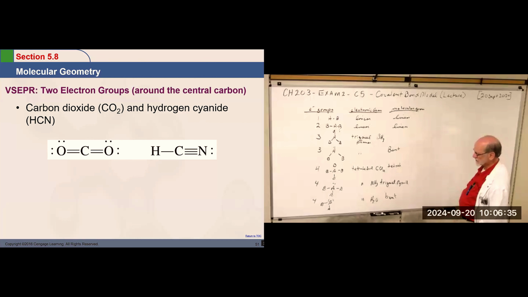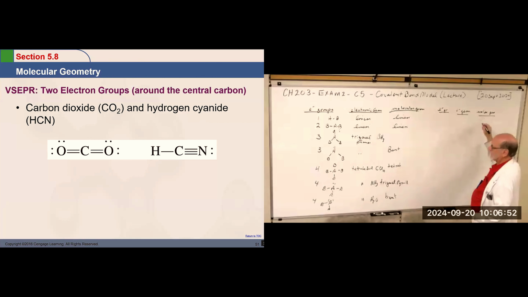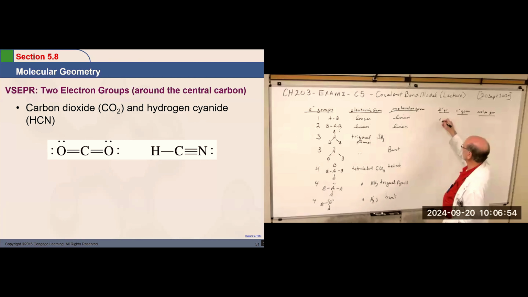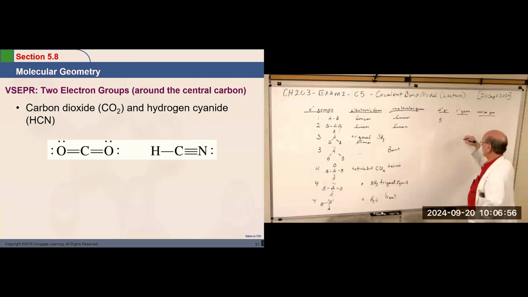Okay, let's see. I've still got some more to go. So, electron groups, electronic geometry, and molecular geometry. Okay, so we have 5 electron groups. Well, now we've got one in the middle.